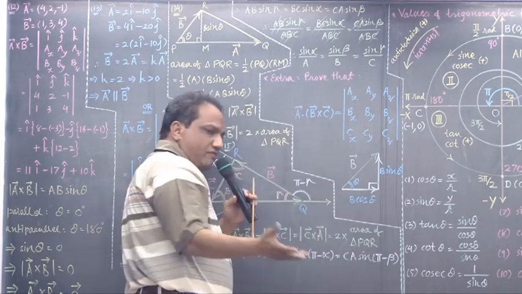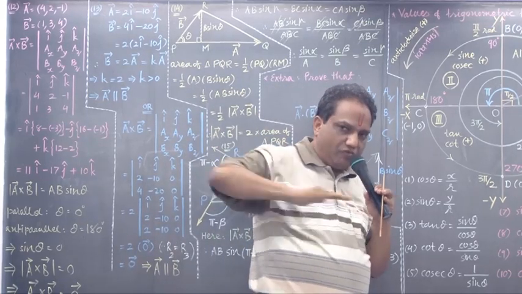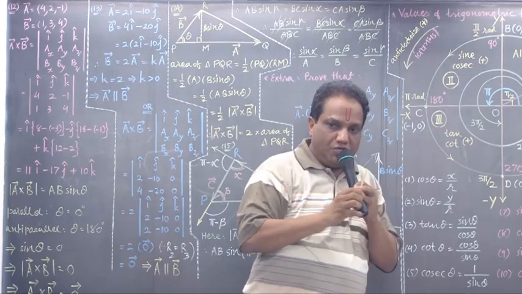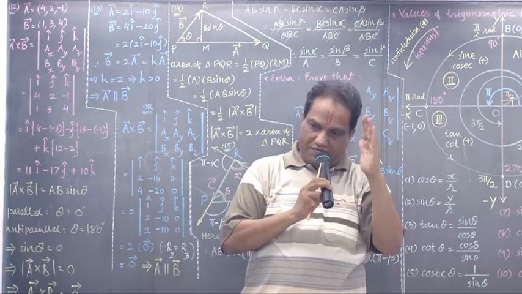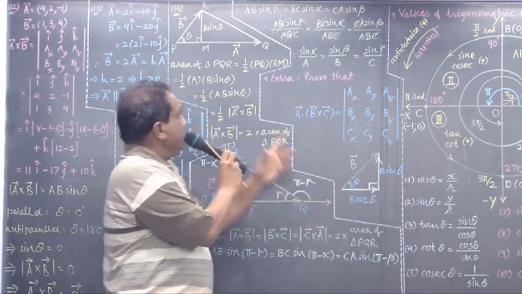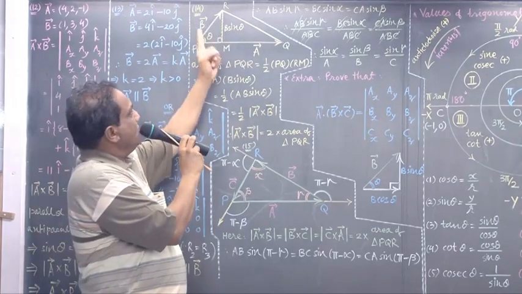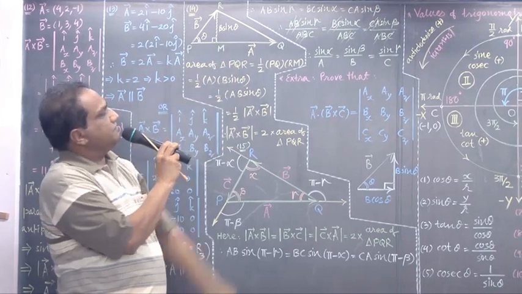The way vector A was resolved, Ax equals A cos theta and Ay equals A sin theta. Instead of A, now I am resolving vector B. So the component of vector B opposite to theta is B sin theta.